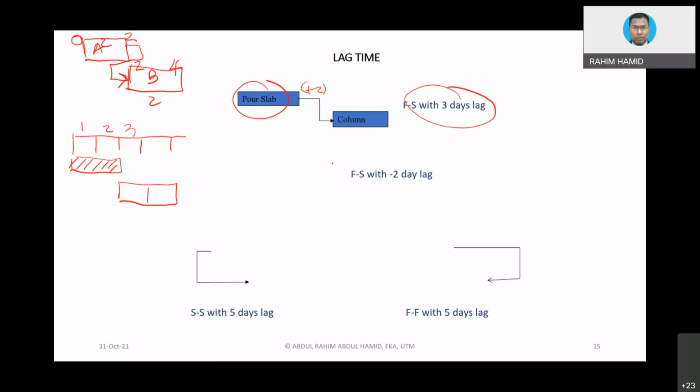You already understand that this is a finish to start relationship. +2 meaning the column will start, sorry, +3. According to this one it is +3. Now let's give some values. Let's say post slab is 3 days.